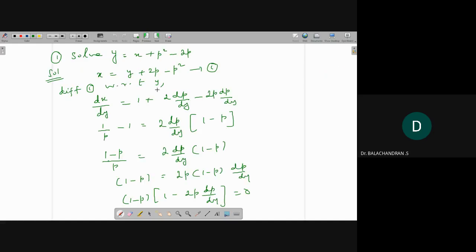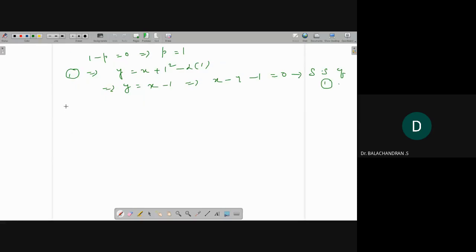Now equate 1 minus 2p into dp by dy equal to 0.